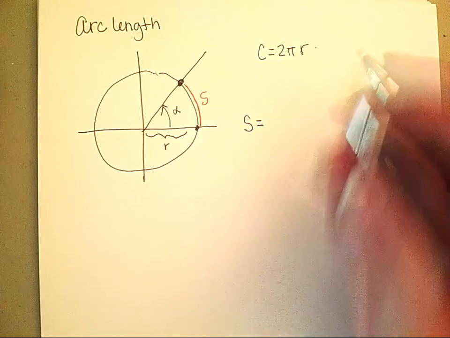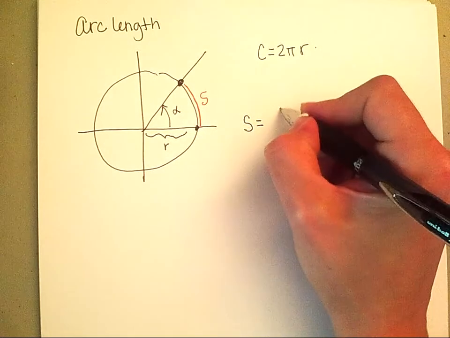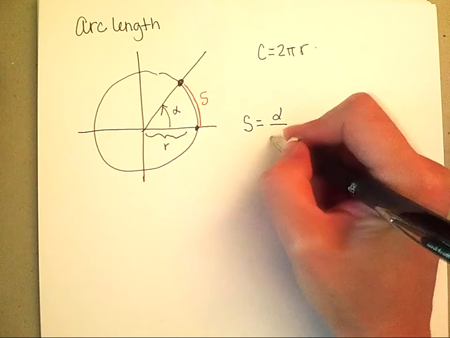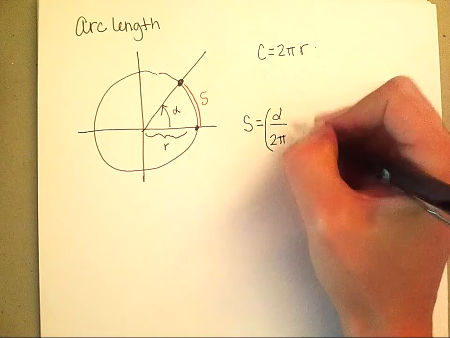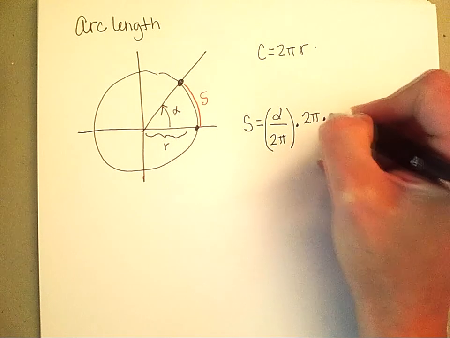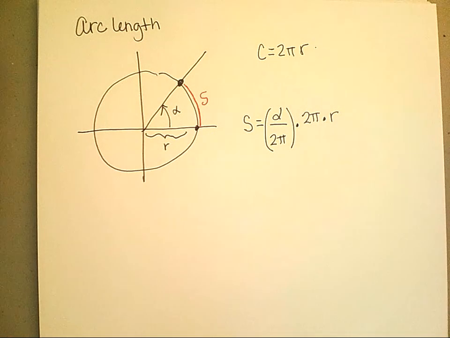So S would be equal to, well, what portion of the circle does alpha take up? Well, it's alpha out of all the way around, which is 2 pi. This is the portion. And then we can multiply that by the circumference.